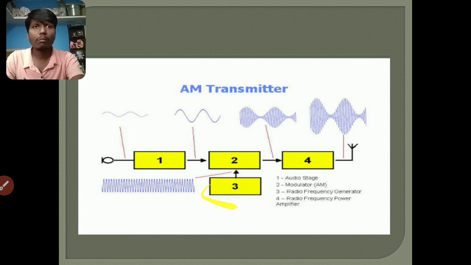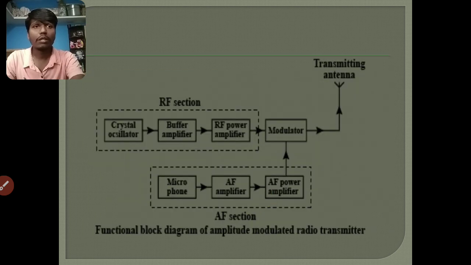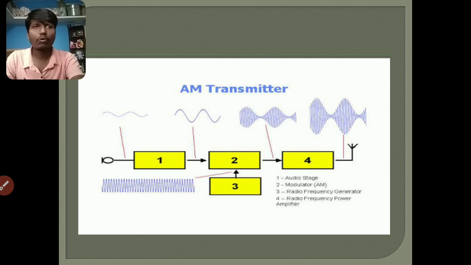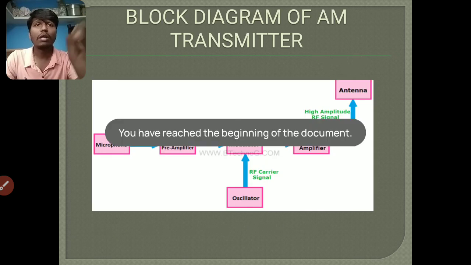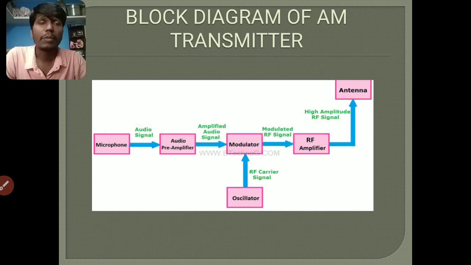The next one, the power amplifier and the oscillator, are combined into the modulator. Then the modulator output, the radio frequency signal, goes through the radio frequency power amplifier to the transmitting antenna. This is the process of the block diagram of the amplitude modulation transmitter.